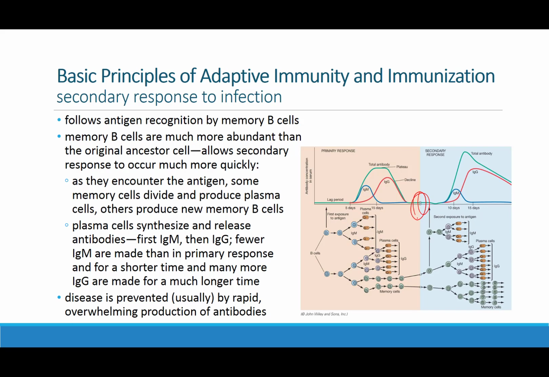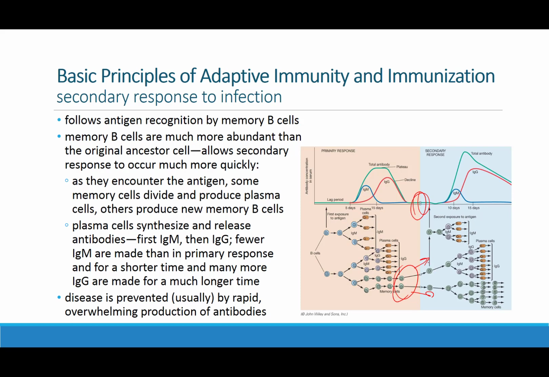So as those memory B cells encounter the antigen, they will divide, and so here are the memory B cells. You can see them dividing, and some of them are going to produce plasma cells.